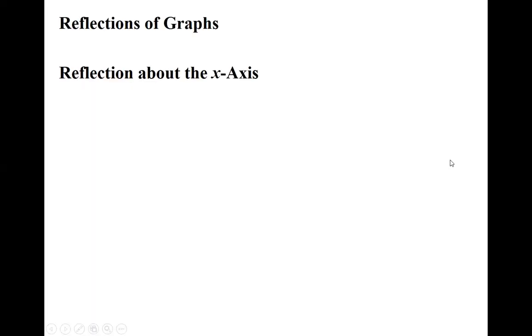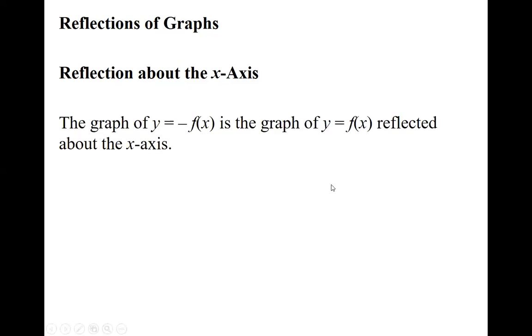So now we know how to move up, down, left, right. Let's talk about reflecting. First, we'll talk about reflecting about the x-axis. The graph of y equals negative f of x is the graph of y equals f of x reflected about the x-axis.